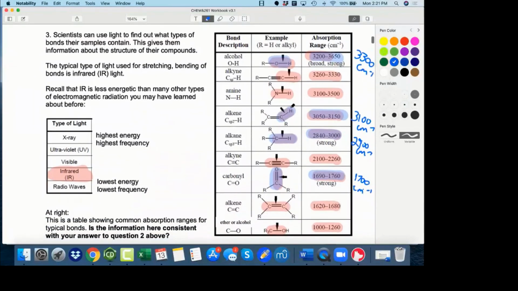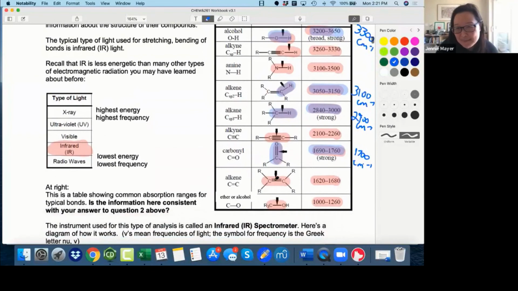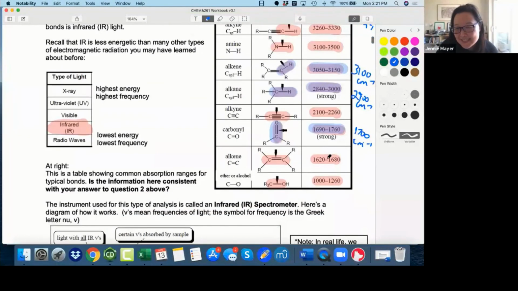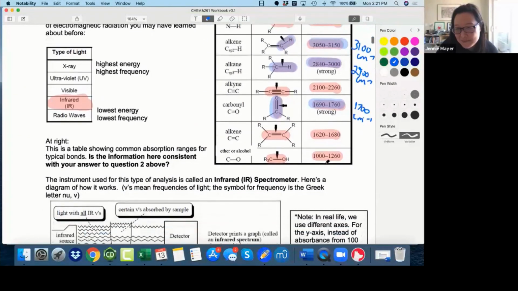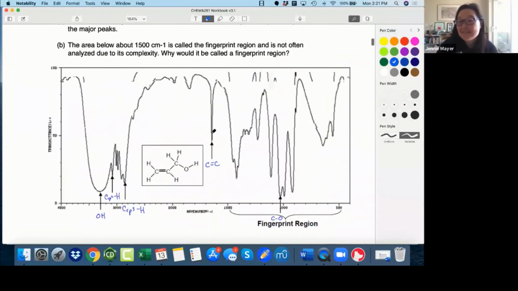What else is in an alkene is a C double bond C, and we know that happens around 1600, 1650. If I look here and see that, that's a confirmation that I probably do have an alkene, because I'm seeing both of those things. It's a lot of information.